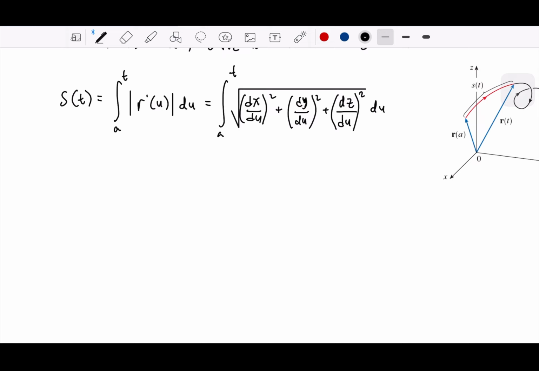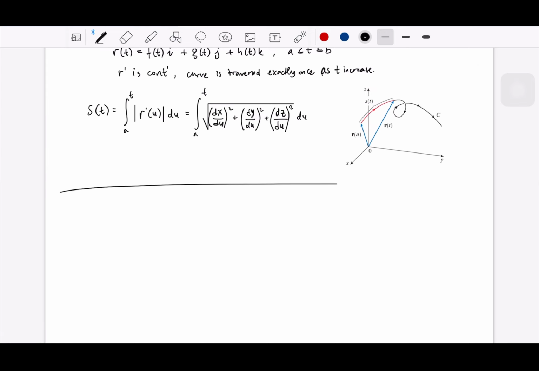Okay, so arc length function, and the next section will also be essential in our subject for chapter 13. It's called the curvature.